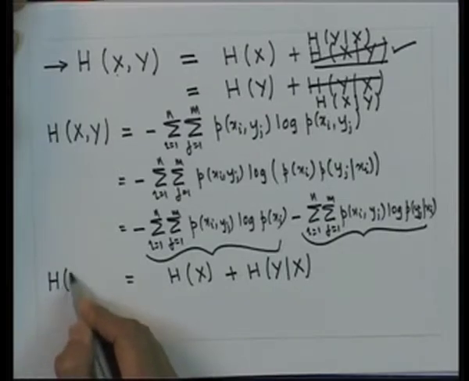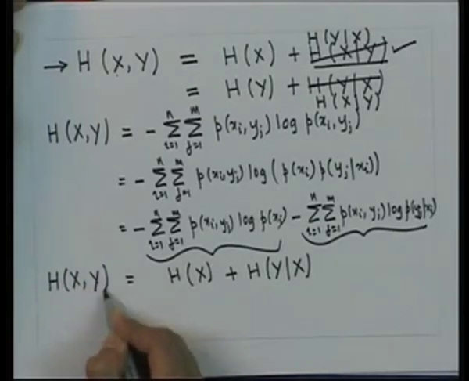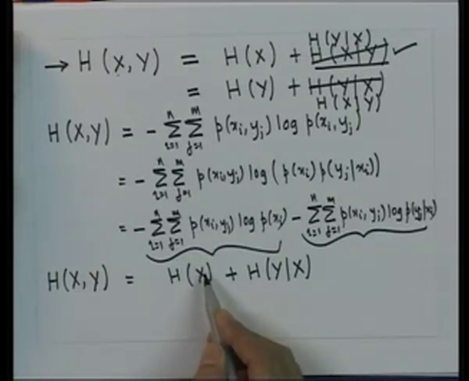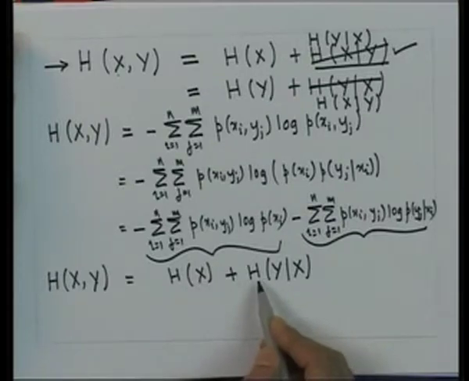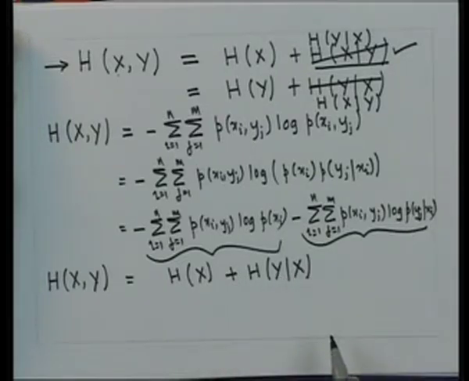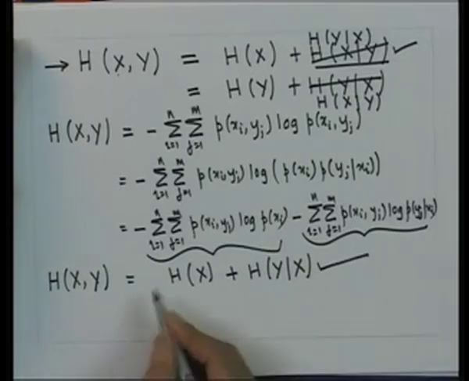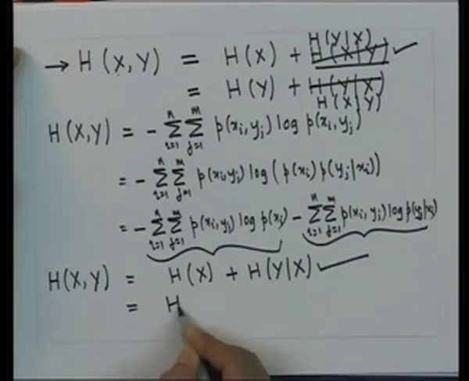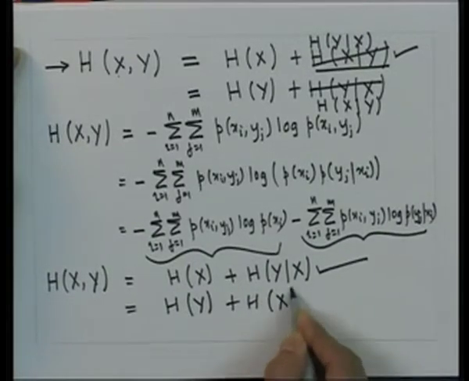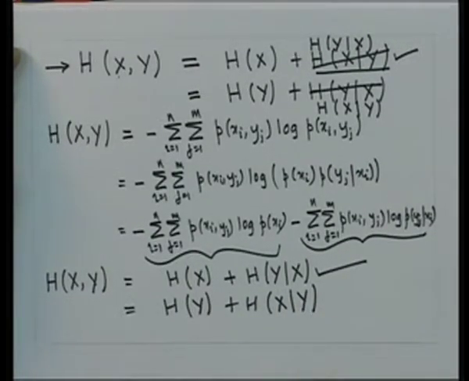So, finally, I get the joint information which I get from two events x and y is equal to the information which I get from the event x alone plus the additional information which I will get from event y after the event x has occurred. So, similarly, I can show that this is nothing but h of y plus h of x given y.